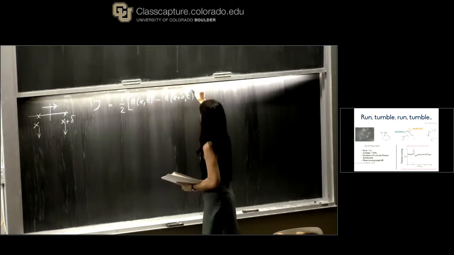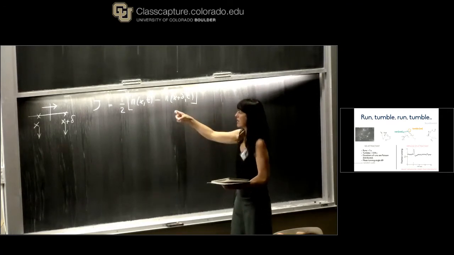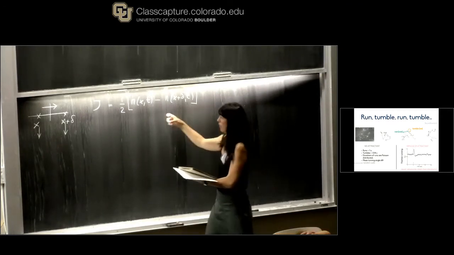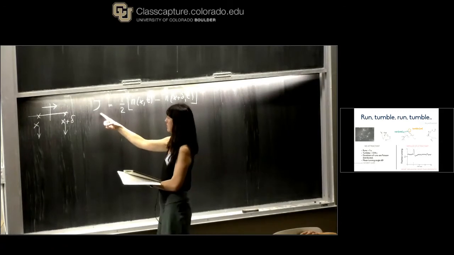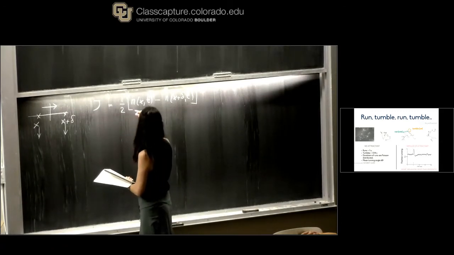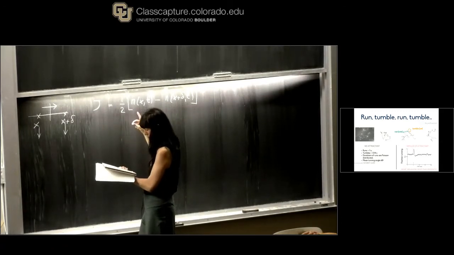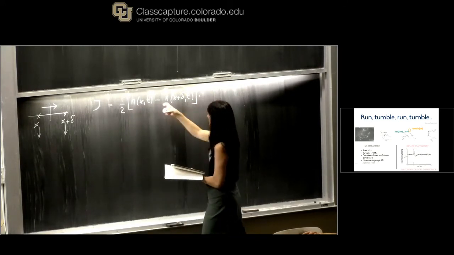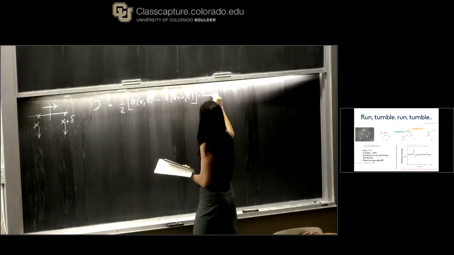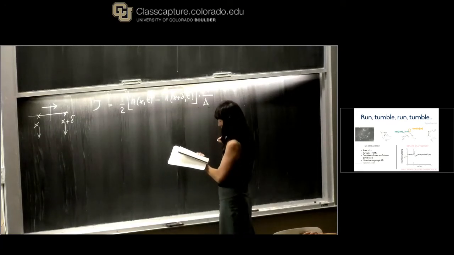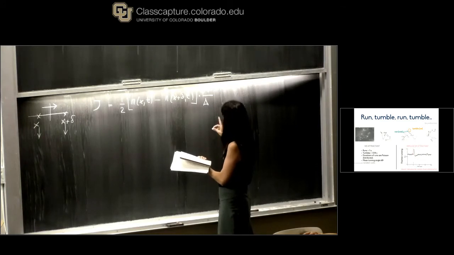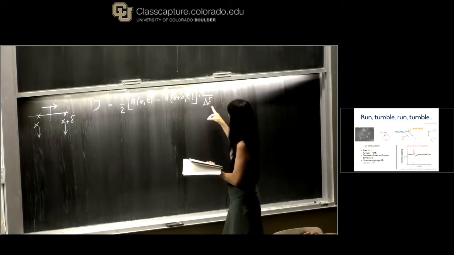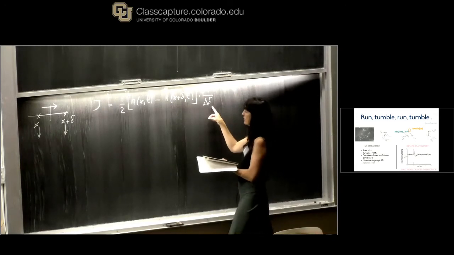Okay, this is the numbers, but I want fluxes, so I have to divide by, okay, these are numbers, so I want concentrations. And then what I want, okay, concentration, so this is the volume, right?